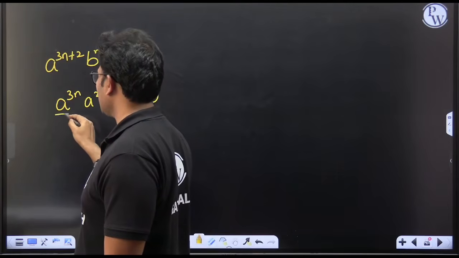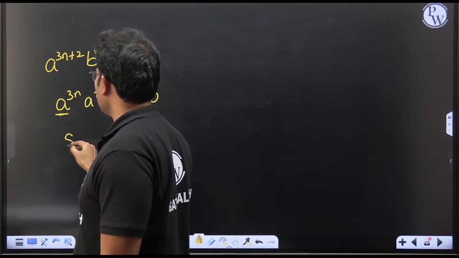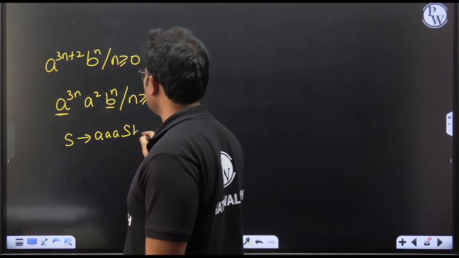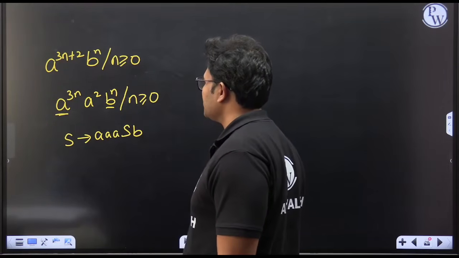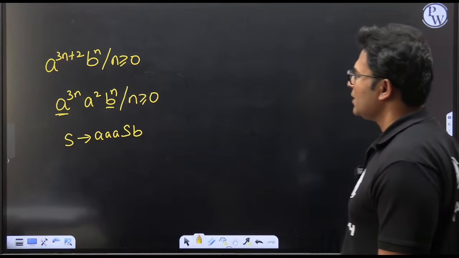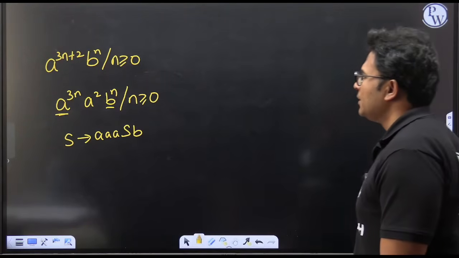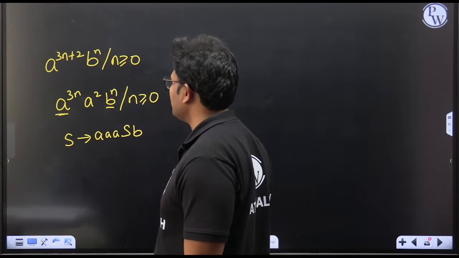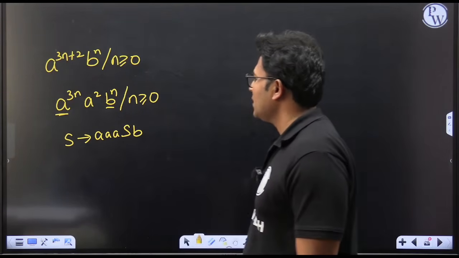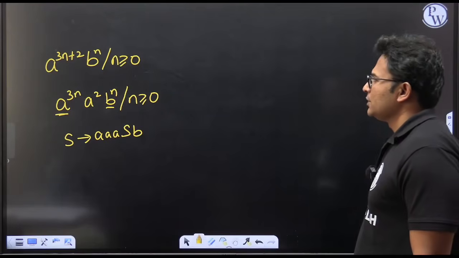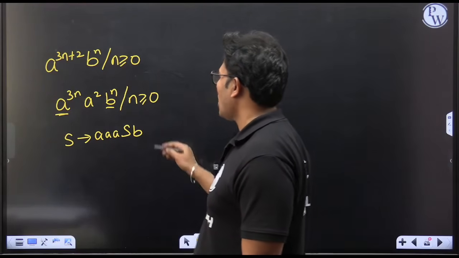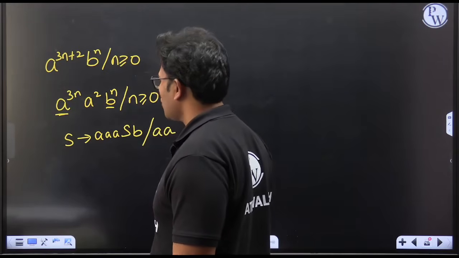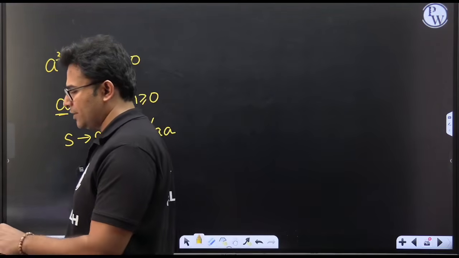So first you generate 3 A's and 1 B. S derives A, S, B, S, B. Or if you want to stop it, you are going to stop it with A. Right?